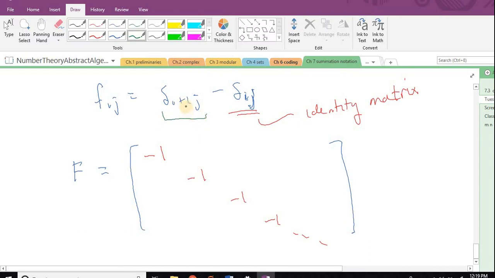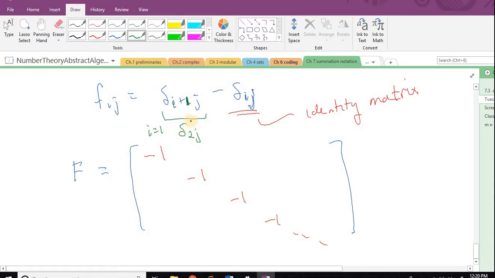Well, let's just do some examples. Delta_{i+1,j}. Here I have to understand what the delta means. Suppose i is 1. Then if i is 1, then for what j is this non-zero? So when i equals 1, what I have is delta_2j.